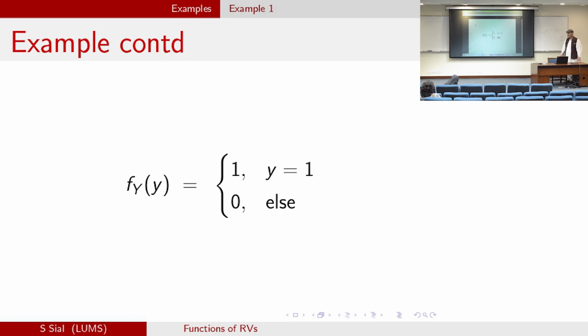The CMF? That would be the expectation, right? No, the CMF is not the expectation. We just sum all of the probabilities. That gives the CMF. Okay, well, all right.